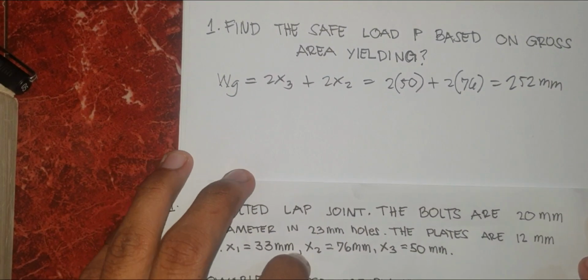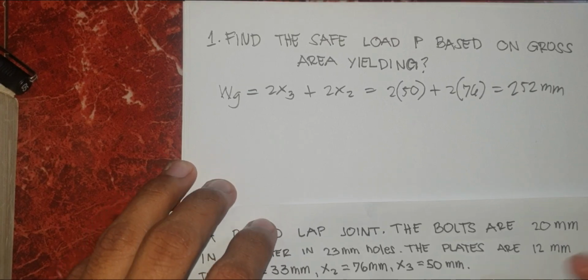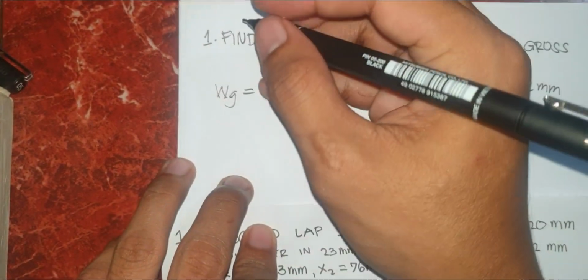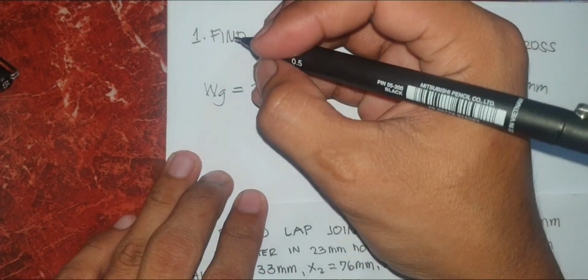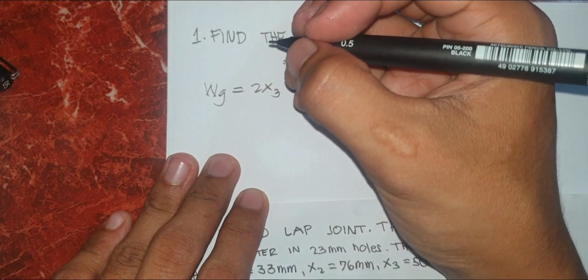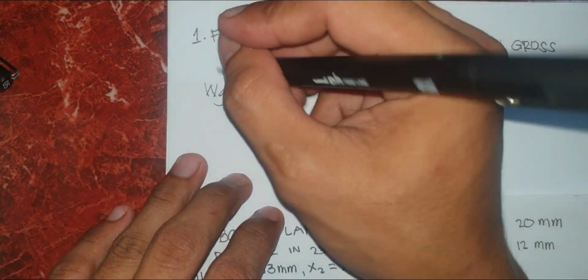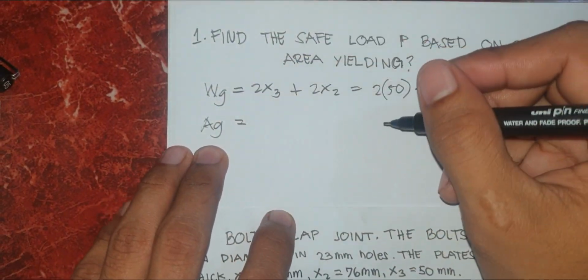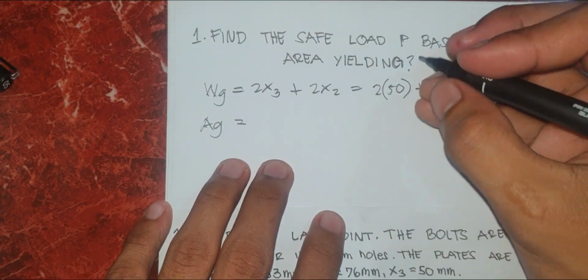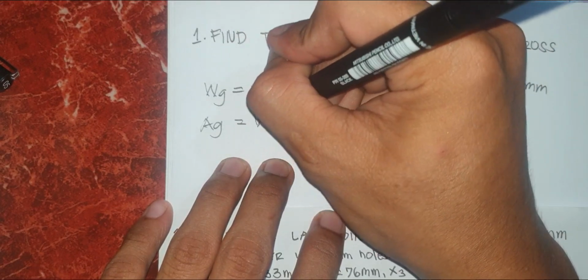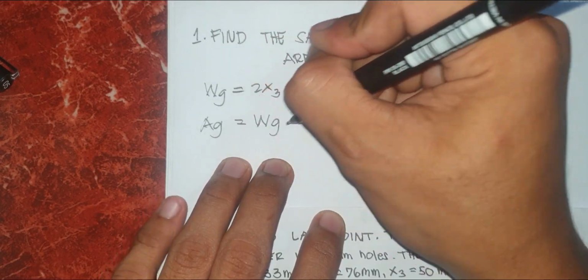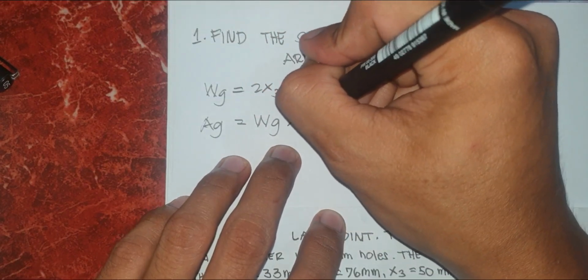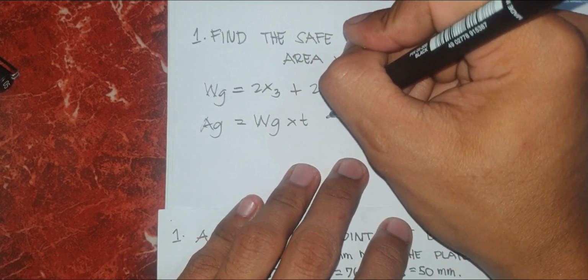So the next step is to find the gross area, AG. Gross area equals WG, the gross width, times the thickness of the plate.